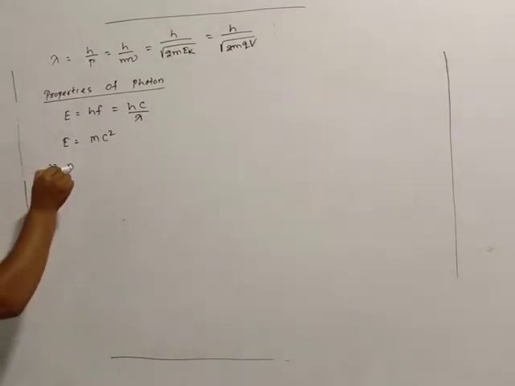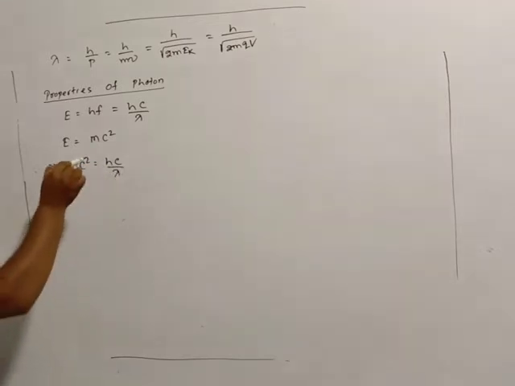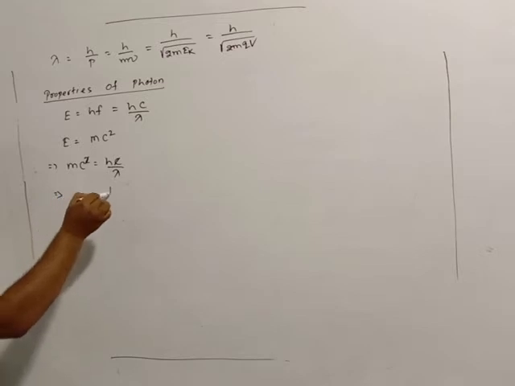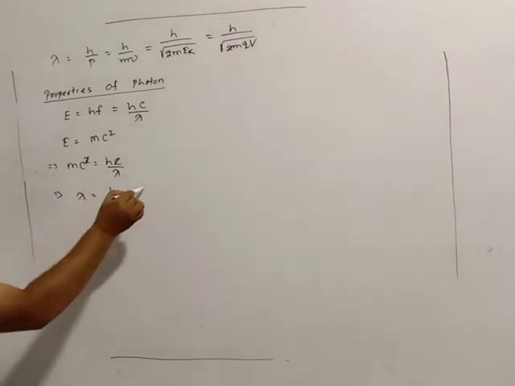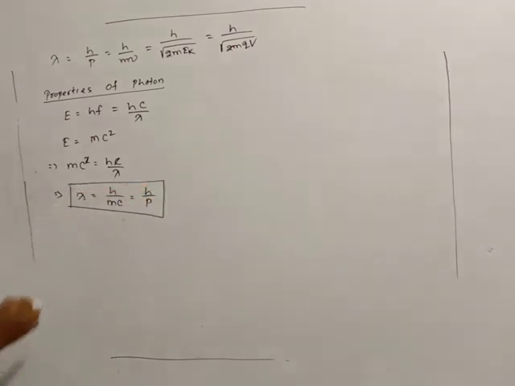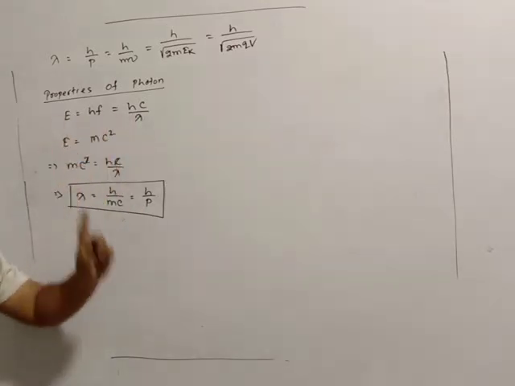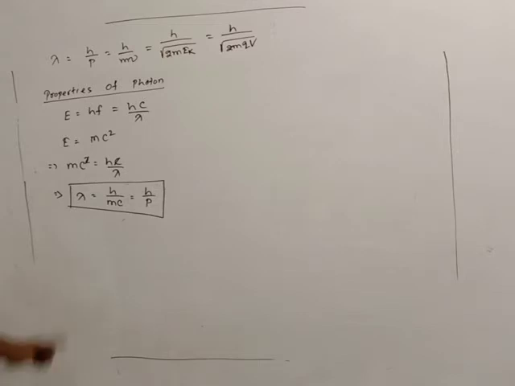So we can write mc square equal to hc by lambda. Now c will cancel out. So lambda equal to h by mc, that is equal to h by p. So the de Broglie wavelength associated with photon is same as the wavelength of light.